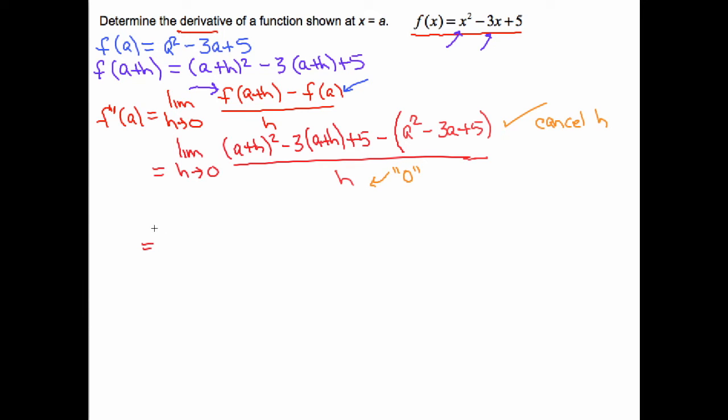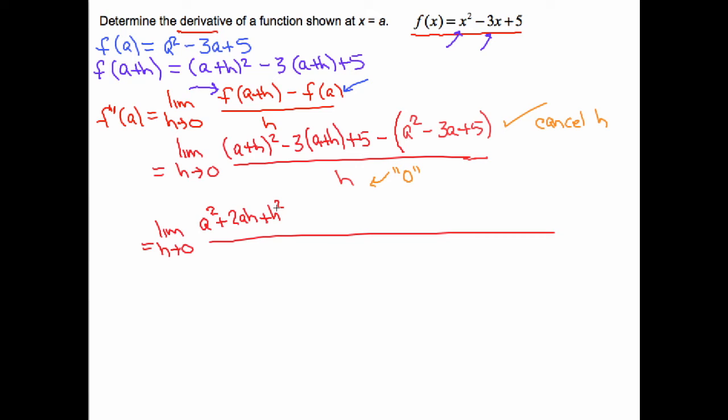So my next line would read, I have the limit as h approaches 0, a plus h times a plus h is a squared plus 2ah plus h squared.